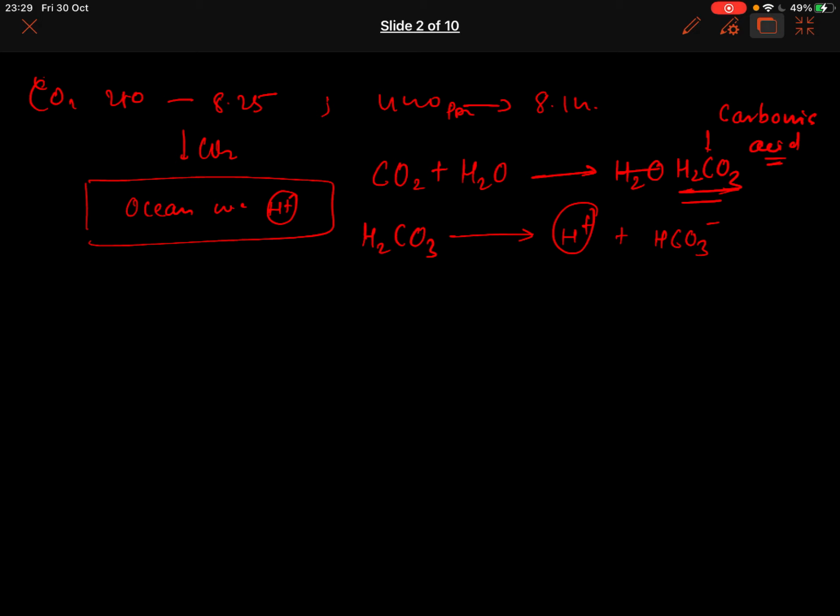And we already have seen that whenever there is an increase in H plus ion concentration, acidity increases, fine, or pH decreases. And this one simple fact addresses this concern that at 280 parts per million concentration of carbon dioxide in atmosphere, the pH of ocean water was at 8.25, and as concentration of carbon dioxide went on to 400 parts per million, pH decreases to 8.14.